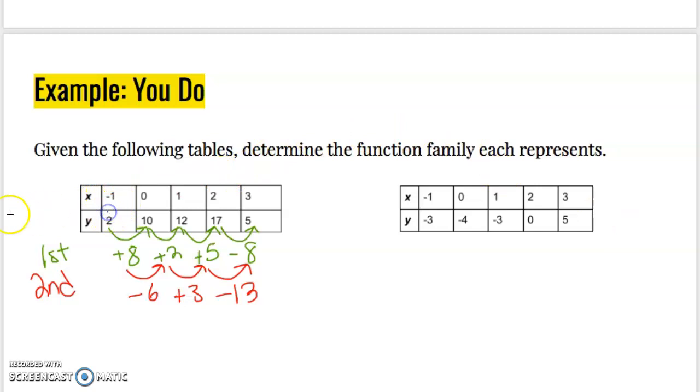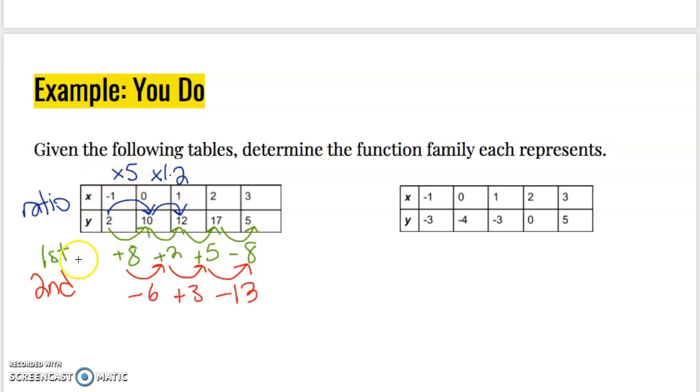So 2 for my ratio. 2 times what would give me 10? So 2 times 5 would give me 10. And then 10, I don't exactly know what 10 times something would give me 12. I think it'd be times 1.2 technically. But I know that those aren't the same, regardless of what number that is.